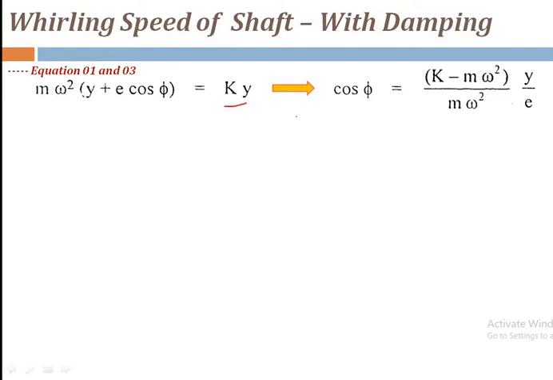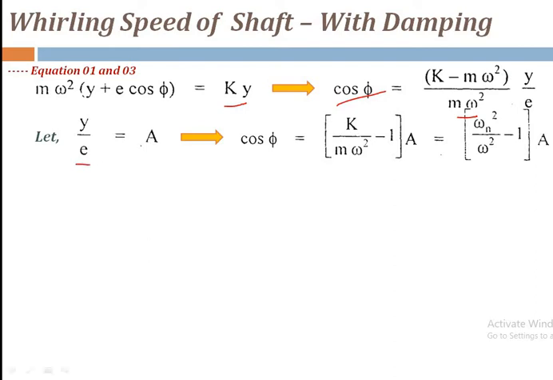And after simplification, we get cos phi equal to k minus m omega square divided by m omega square into y by e. Let y by e is equal to A. Then cos phi equal to k upon m omega square minus 1 into A. We know natural frequency is equal to root k by m, and from that k by m equal to omega n square.